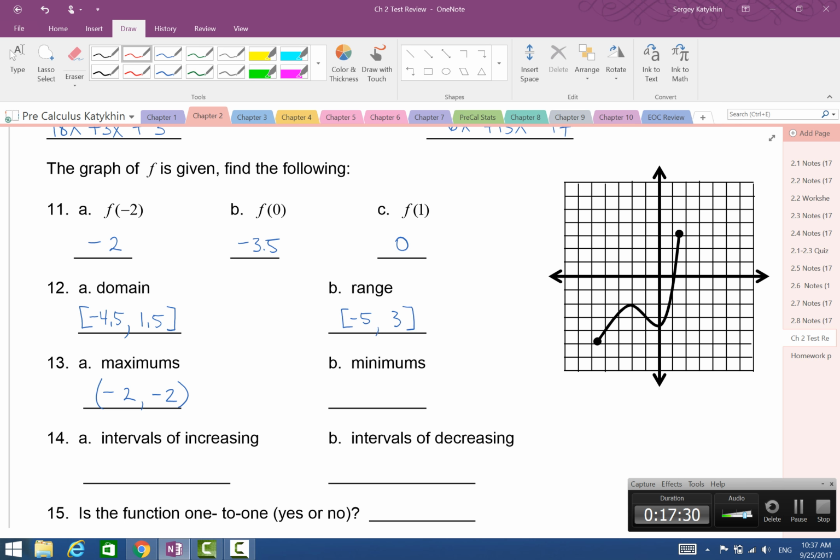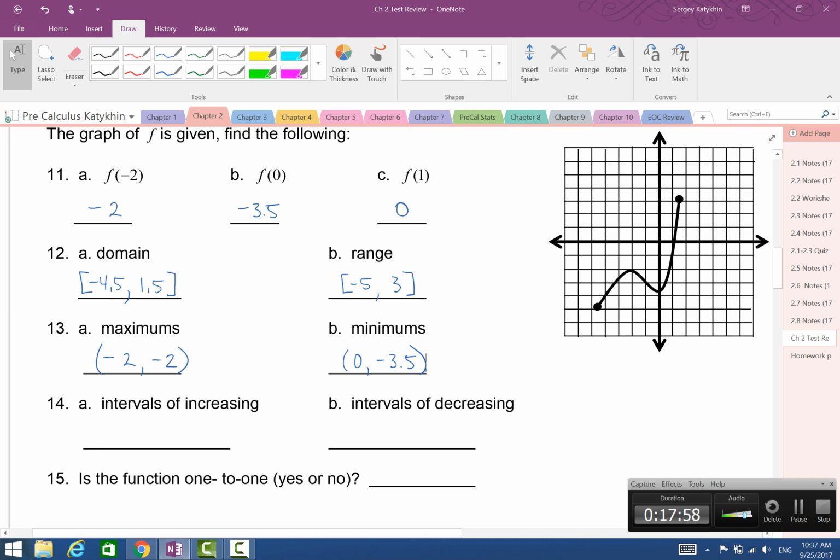I do have a minimum, which is somewhere here, and it looks like it's at 0 and 1, 2, 3.5. So it will be at 0 and -3.5. So that's where my minimum is. And there's only 2 of them.